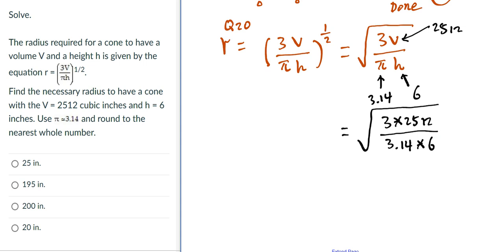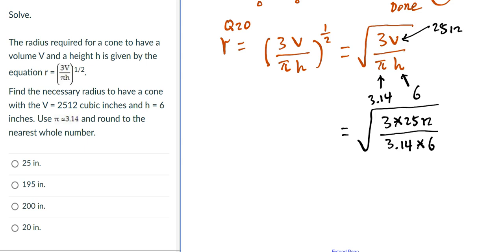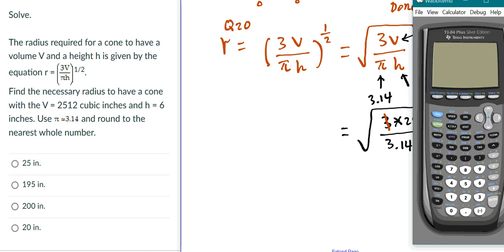You may do some cancellation first, and then when you plug in the numbers into your calculator, it might be easy. We have a 3 here and a 6 here. Cancel the common factor 3, so here would be 2 left. 3 divided by 6 is 2. Okay. And then when you plug in the numbers into your calculator, that would be much easier.